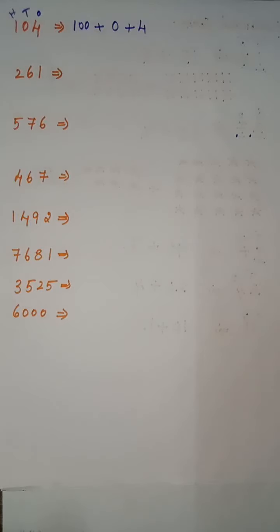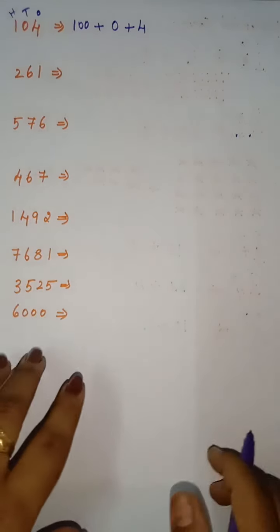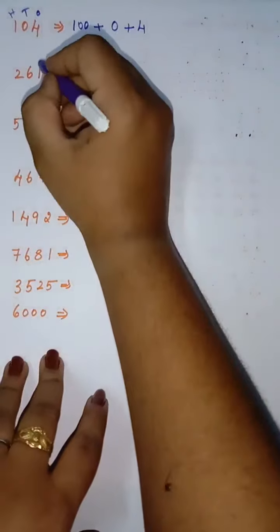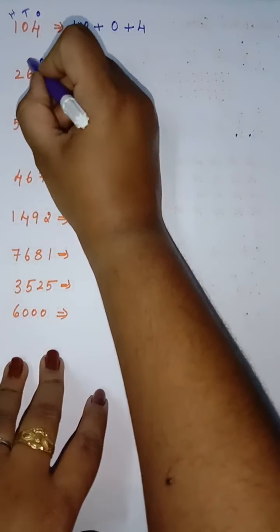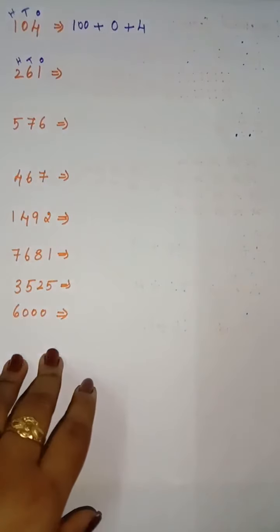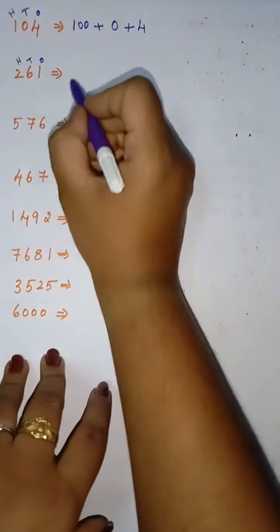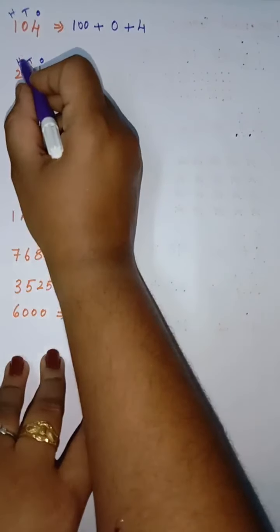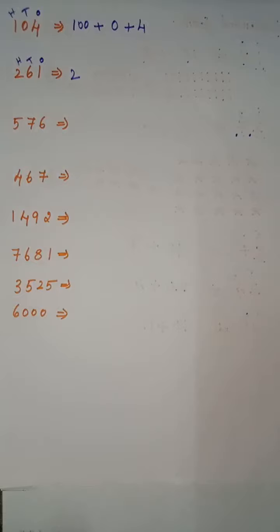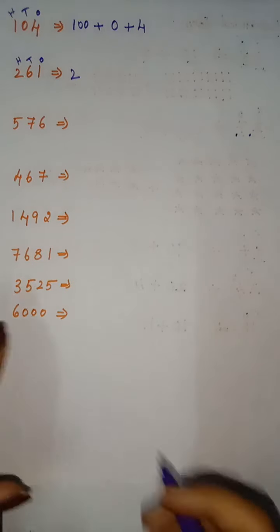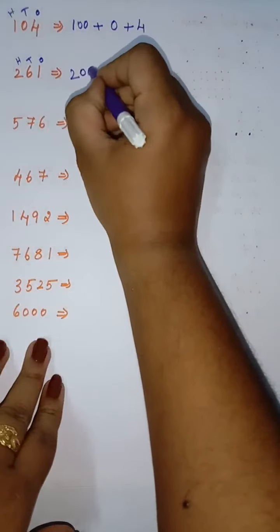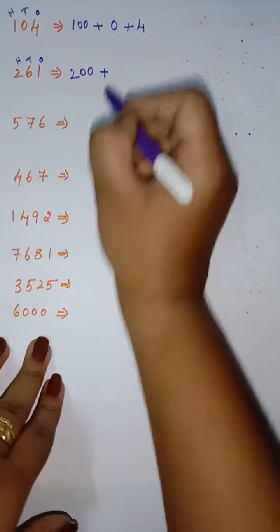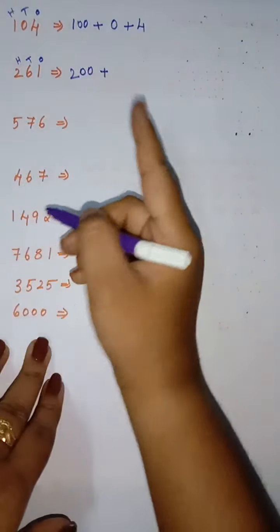Okay, next that is 261. So for that we have to write the place value first. So place value here ones, tens, hundreds. Now the first number they have given is 2. So that is named as hundreds. For hundreds how many zeros should be there? It should be 2 zeros. So here we are going to draw 2 zeros plus. Don't forget, you have to put plus here.